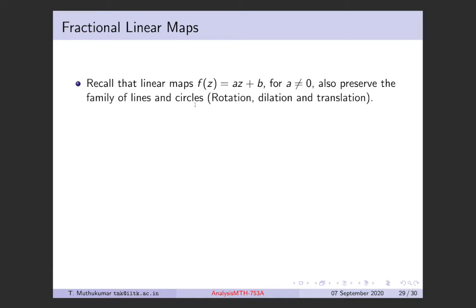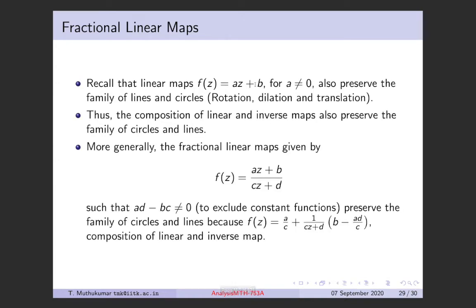So we have a collection of functions here which preserves the family of lines and circles. We also had this 1 over z which does the same thing, but 1 over z does not belong to this class of functions az plus b. Combining these two, we get what is called the fractional linear transformation, or fractional linear map, which is the composition of these two maps.